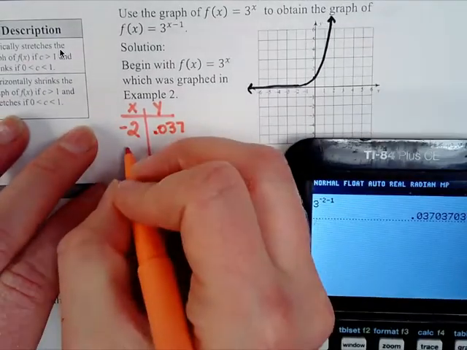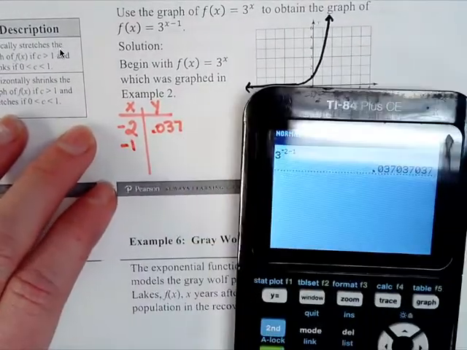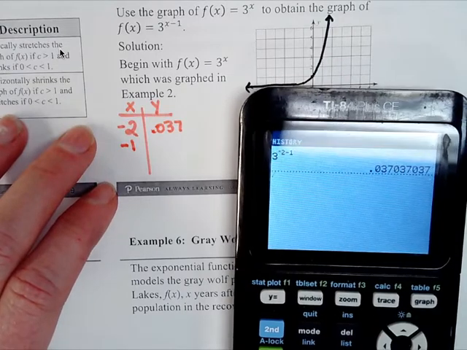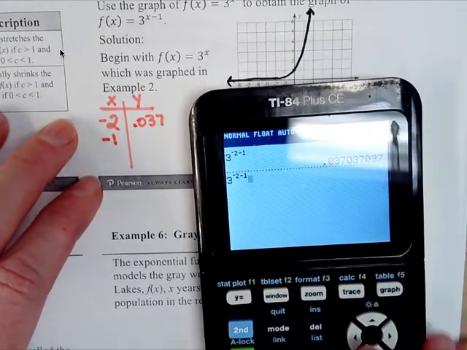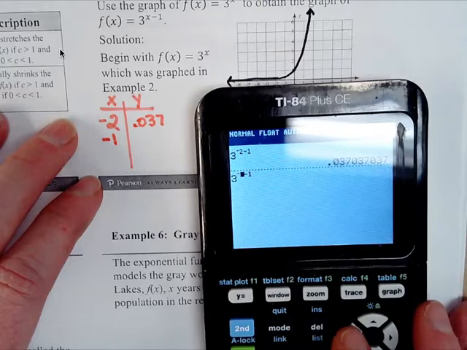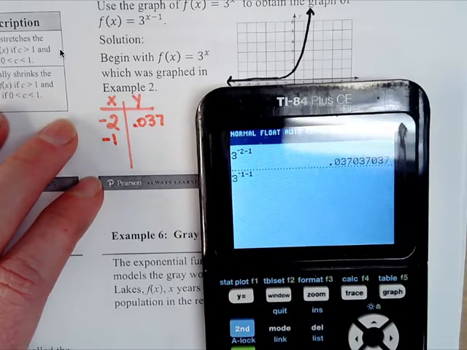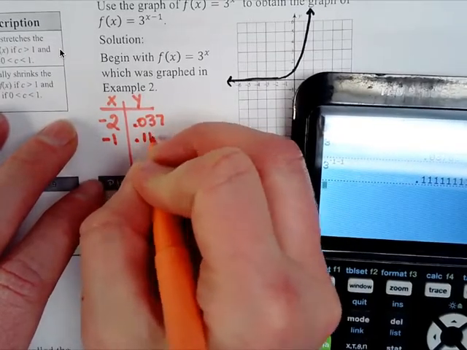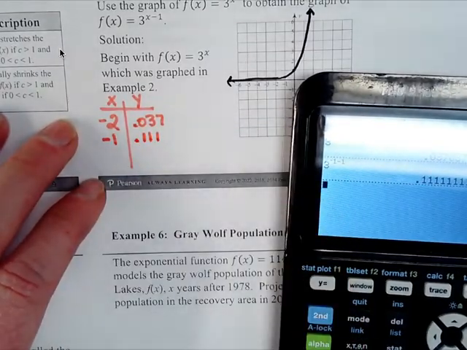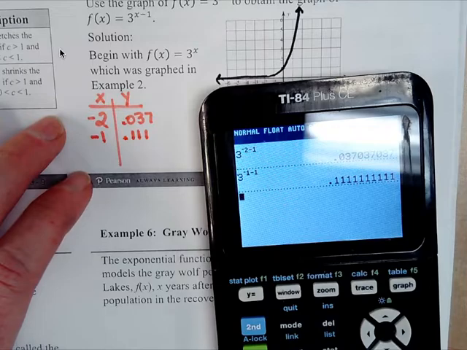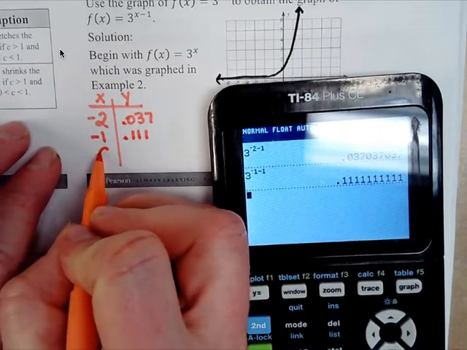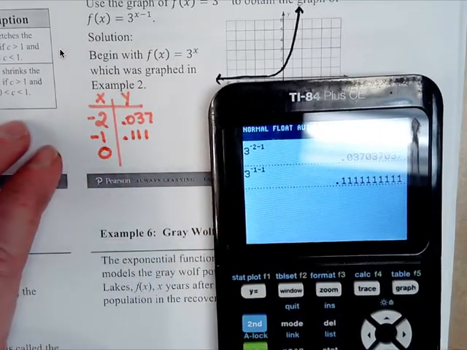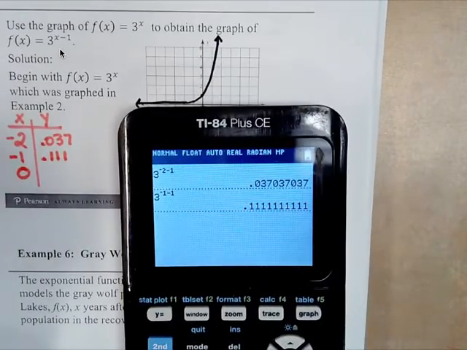Okay, let's do -1. I'm going to use the same thing. Change the -2 to a -1. So it's 0.1 repeating. Now 0.